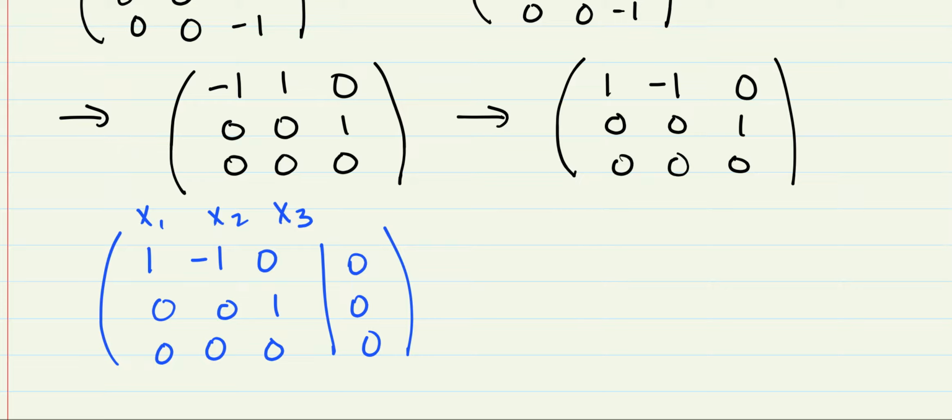Okay, so we can see that x1 minus x2 is equal to 0, so that says x1 is x2, and also x3 has to be equal to 0. So we have one free variable, we can let it be x2.